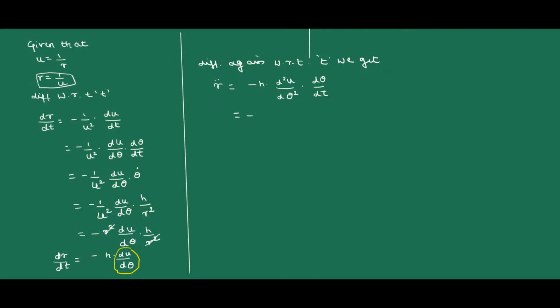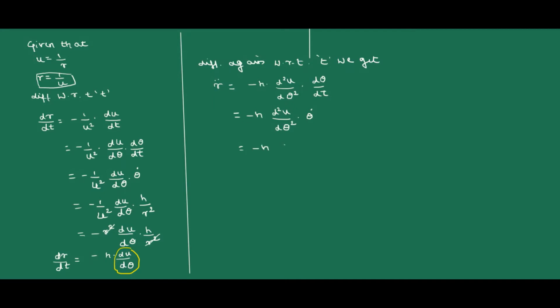So this is equal to minus h into d square u divided by d theta square, and then d theta by dt is nothing but theta dot. So again substitute the value for theta dot from equation number 2.